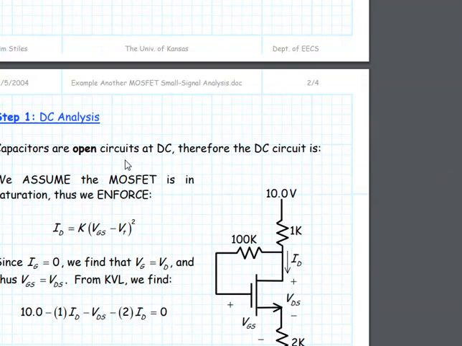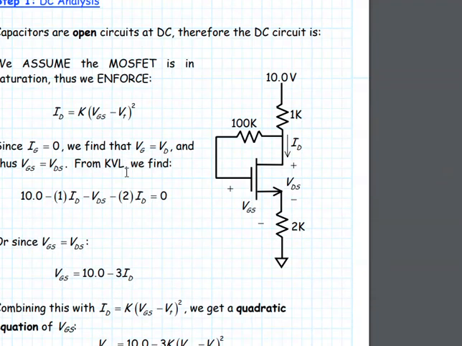So if you want to write an equation, simply say 10 minus ID times 1K minus VDS minus 2ID equals 0, because the current in the source and in the drain are equal. As simple as that.